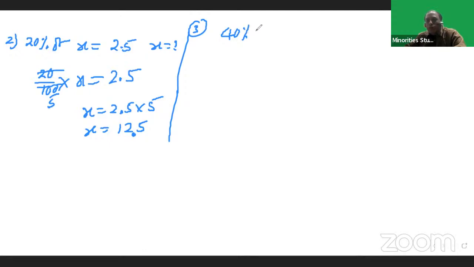A student got 560 marks in the examination and failed with 40 marks. Then find the maximum marks.